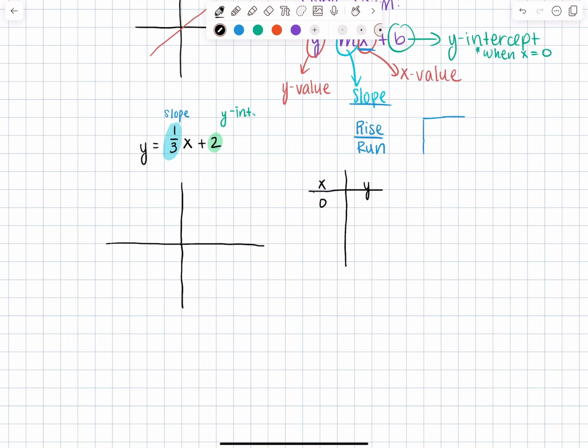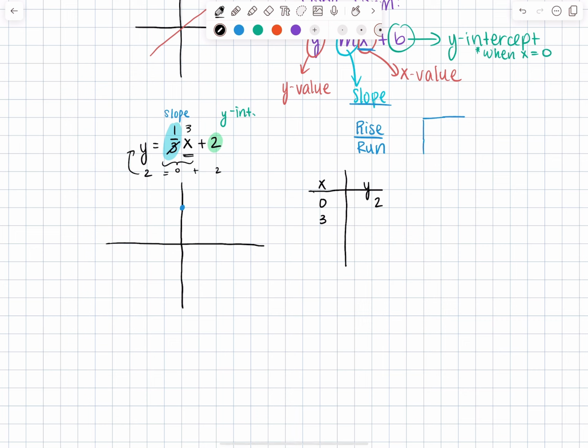So 0 times 1 over 3 gives us 0, right? So this whole thing equals 0 plus 2 equals 2, and that is our y value. So our first point is 0, 2. Our next point, and you can pick any number, but I'm going to pick 3 because that's going to cancel out the 3 on the bottom.